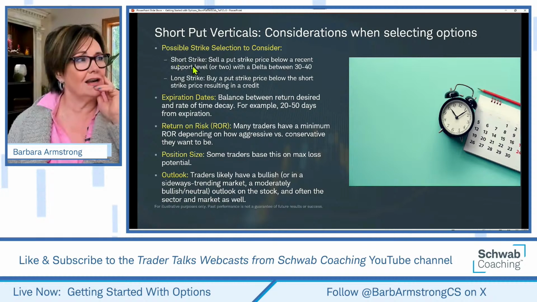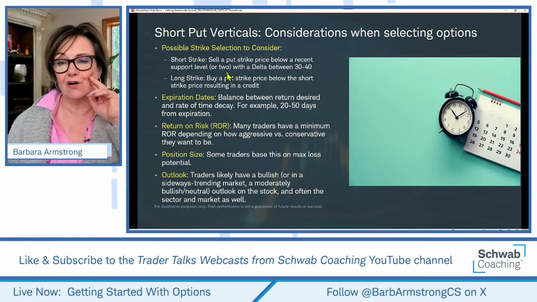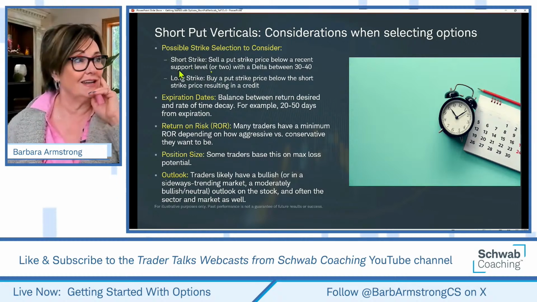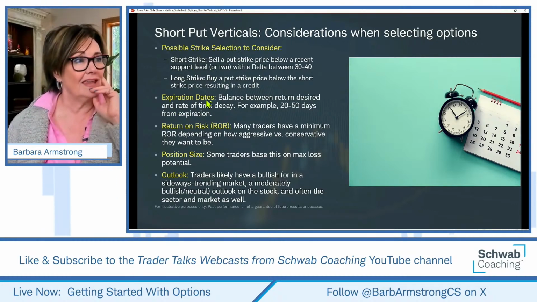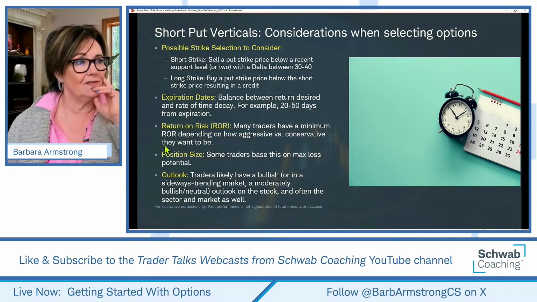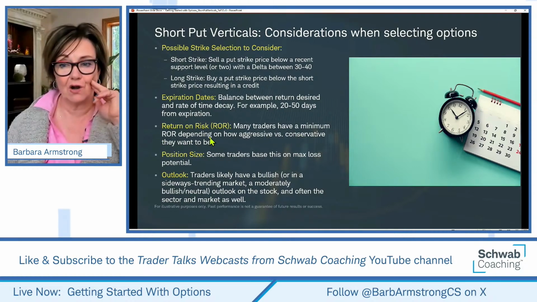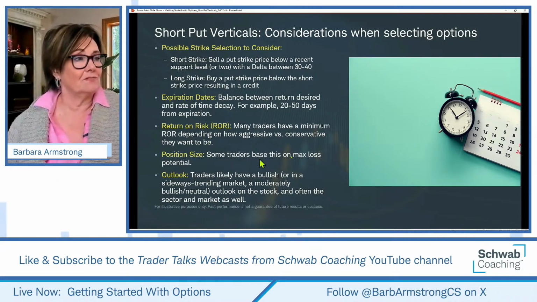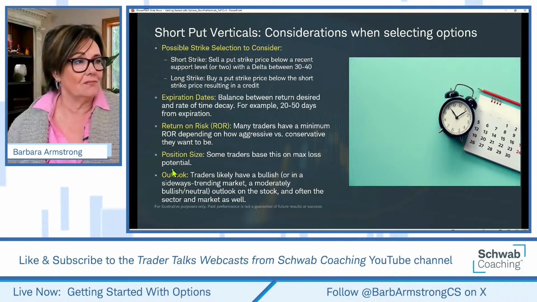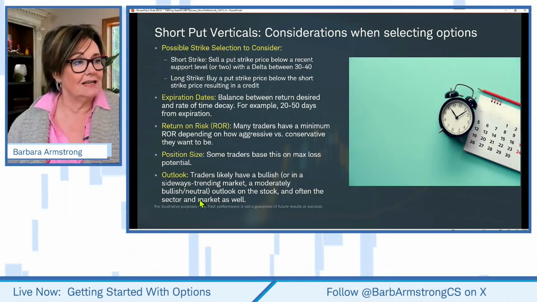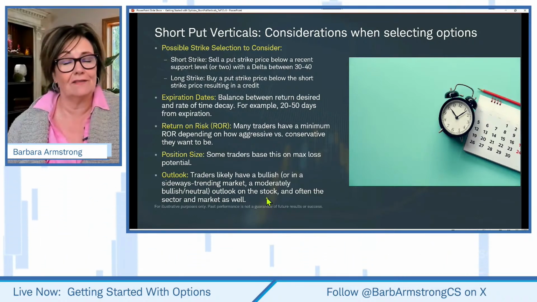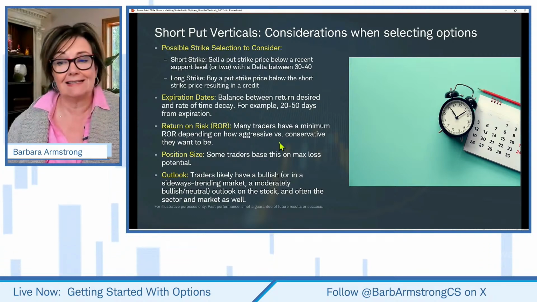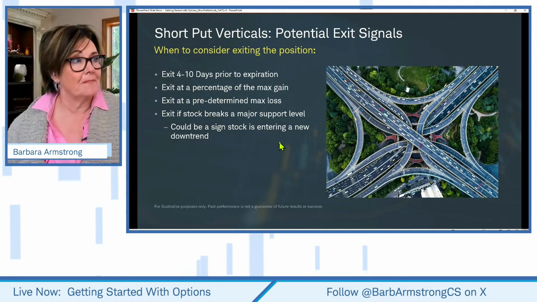And so we want to consider our short strike. We often want that to be below as many support levels as we can get it. The expiration date between 20 and 50 days. We might have that minimum return on risk requirement as part of our trading plan. Some traders might position size based on max loss, and we tend to overall be bullish or looking for something that's going sideways. Okay.